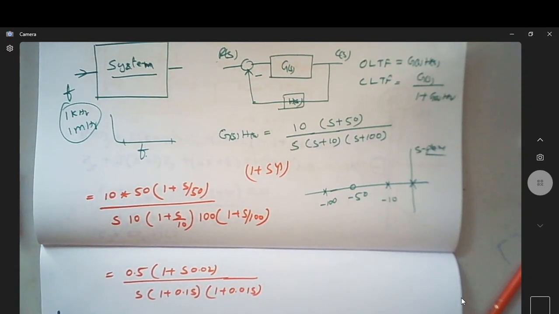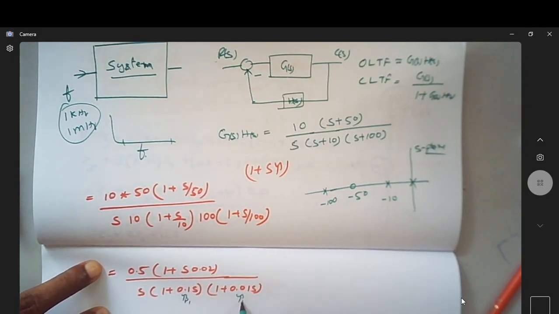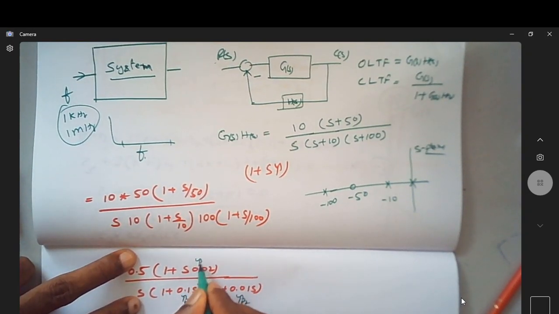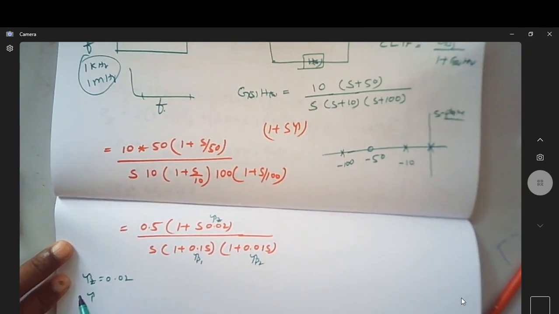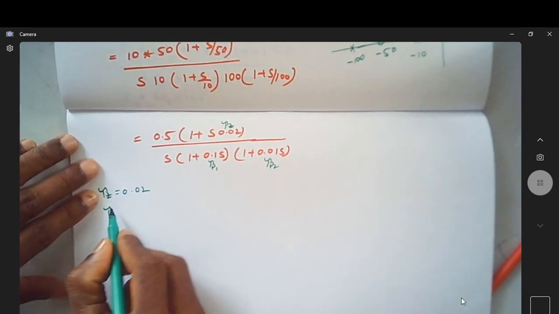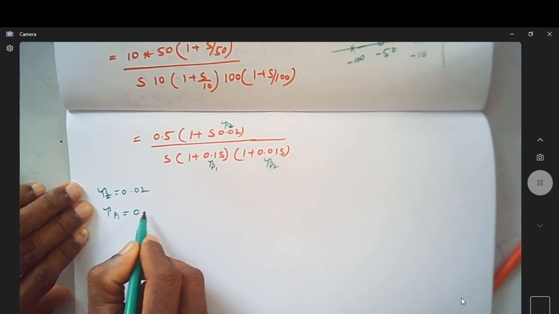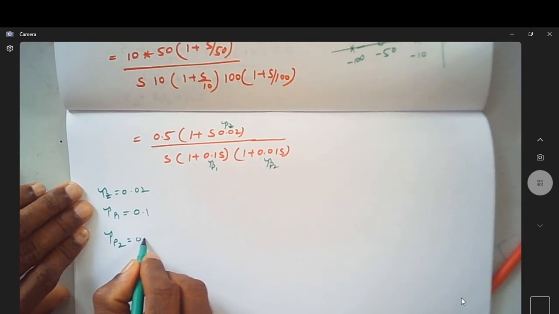If you say this is tau p1, if you say this is tau p2, if you say this is tau z, so tau z is 0.02, whereas tau p1 is 0.1 and tau p2 is 0.01. Tau is actually the time constant.